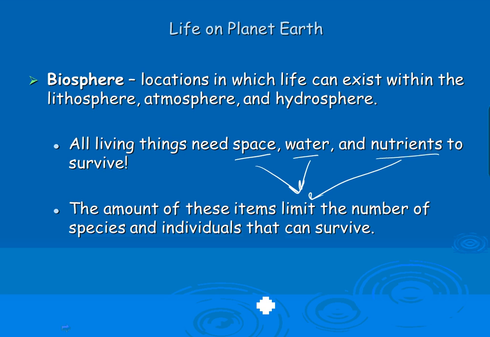And I'm not just talking about one population. If you have a field with deer and mice and fox and birds, they all have to share that stuff and compete for that space and that water and those nutrients to survive. And the Earth can only hold so much.